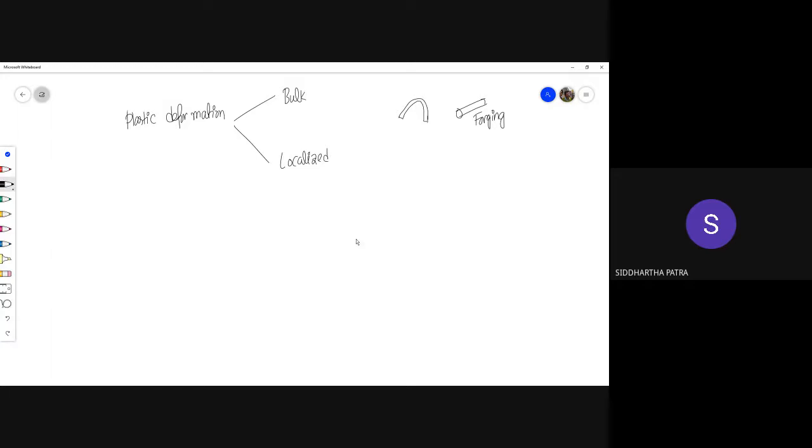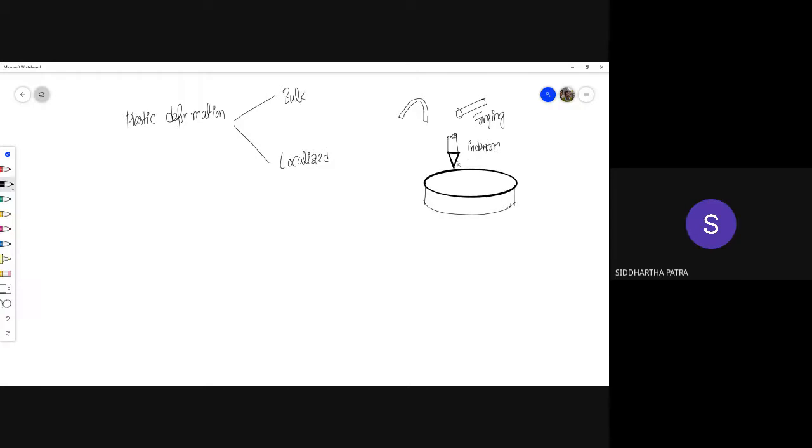Okay. I'll give you an example. Let's say you have this large disk. And in that, I take a sharp object, also known as the indenter.